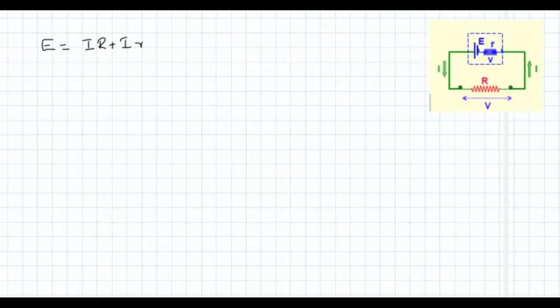So again we can write E is equal to IR plus Ir, and from this equation we can find an expression for the internal resistance r. Small r represents the internal resistance. So now E minus IR is equal to Ir.